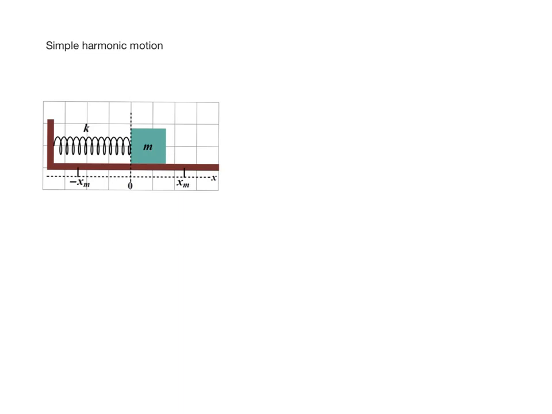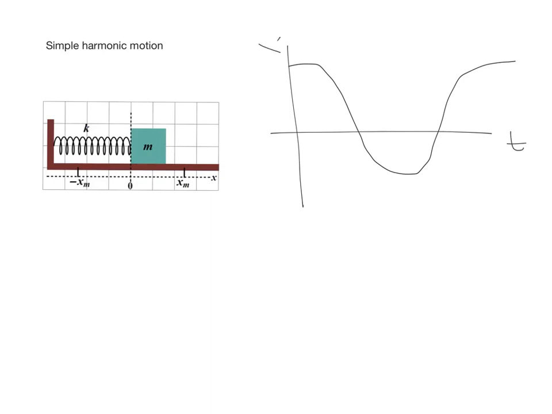Now let's think about some other graphs that we can make with this. So we know that the position graph will be the cosine function. If we pulled this block again and released it from this point, it will accelerate in this direction due to that spring force, so the velocity will be negative.